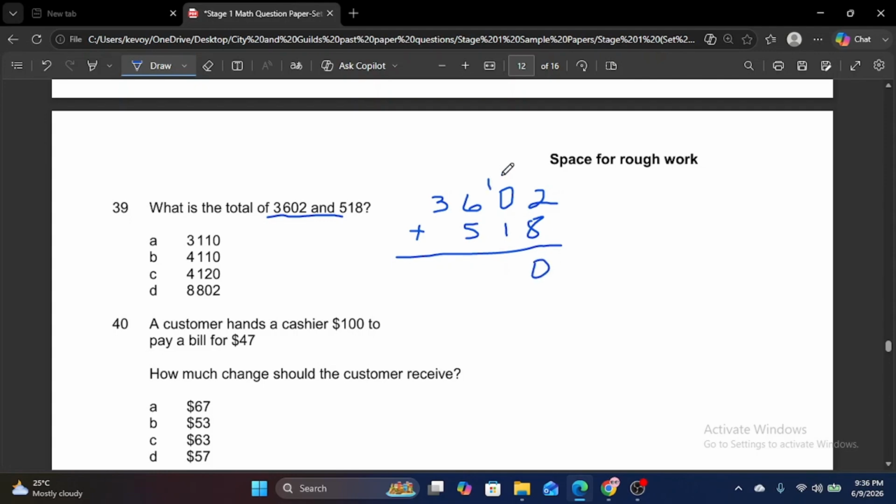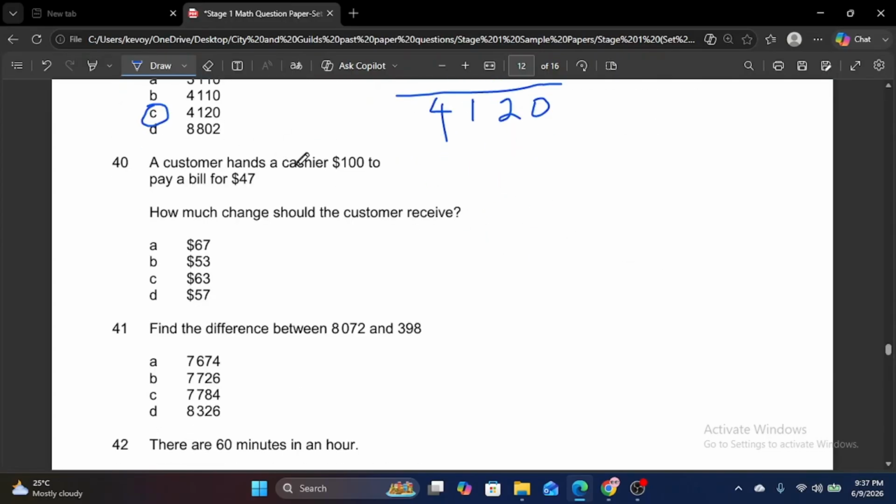Carry the 1 and add it, so 1 plus 1 is 2. 5 plus 6 is 11. Carry the 1 and add that to the 3. So 1 plus 3 is equal to 4. With the correct spacing, I can see that I have my number 4,120. So C is the answer for question 39.